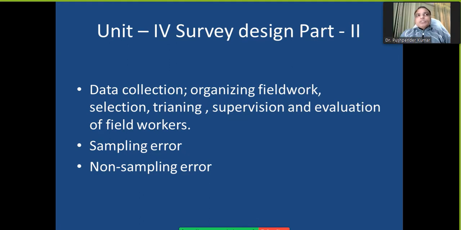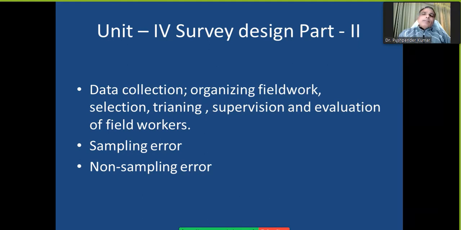So we need to check and monitor their work. We can cross-check them: we can take the number of a respondent, call them, and say that our representative visited you on this particular date to collect information from you, and then take feedback about the field worker.